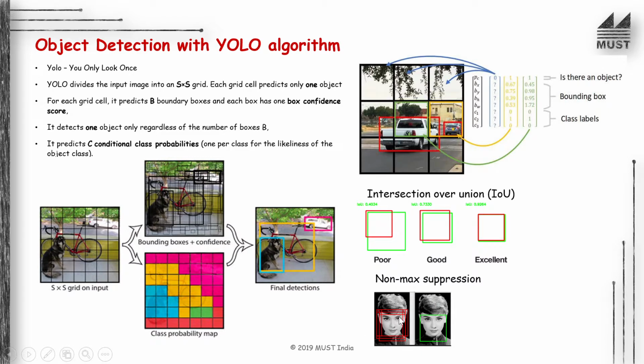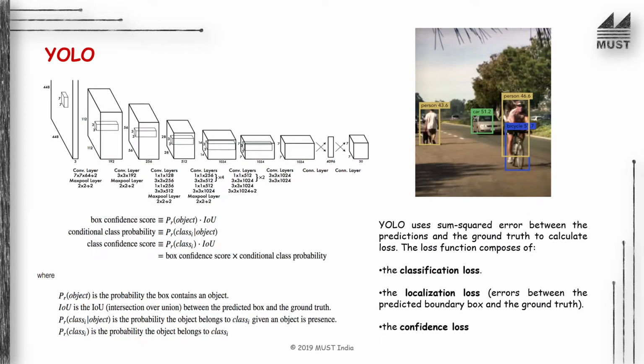In non-max suppression, if you have multiple bounding boxes, it will take the particular bounding box which has the maximum confidence score, and we try to reject the other bounding boxes. So your final detection will have only one bounding box saying, okay, this is where your exact object lies. This is how your typical YOLO algorithm looks.